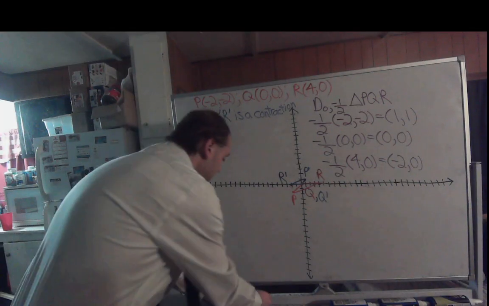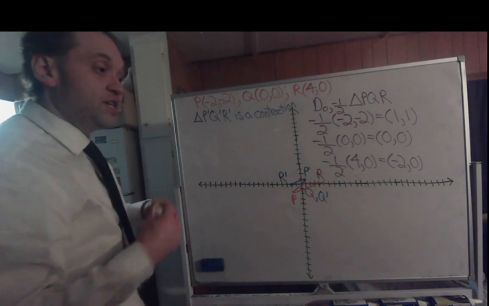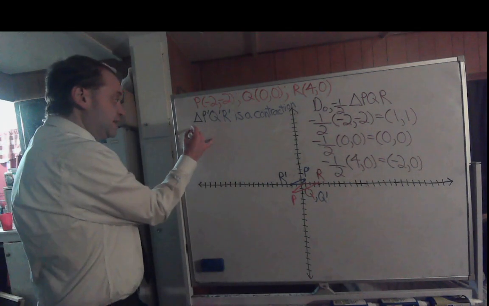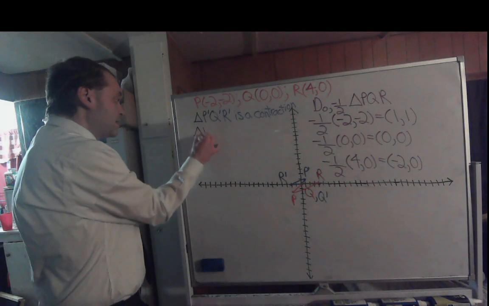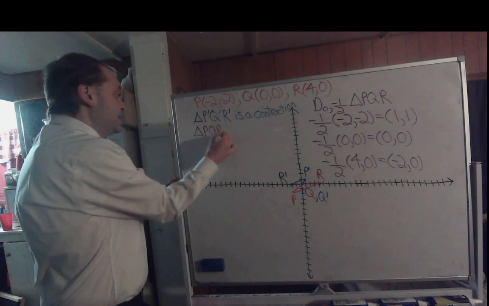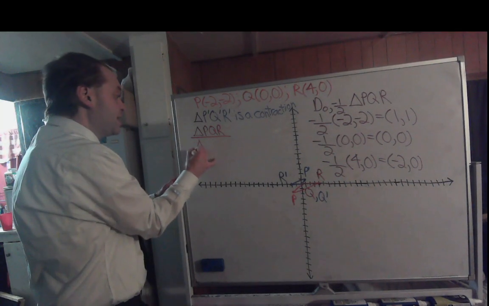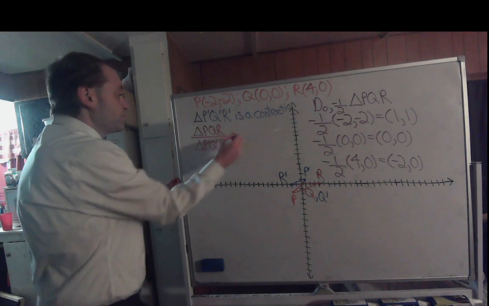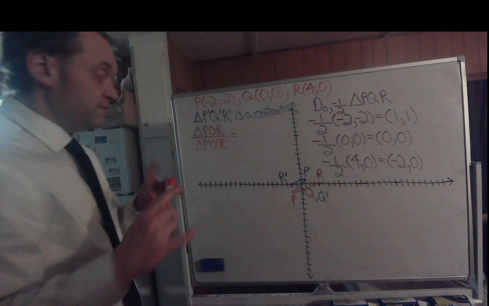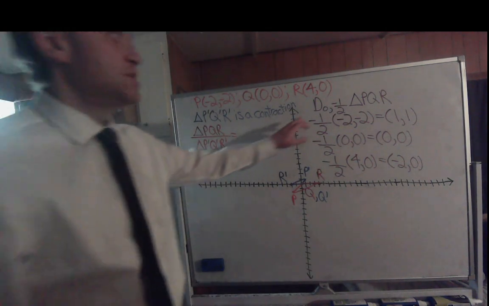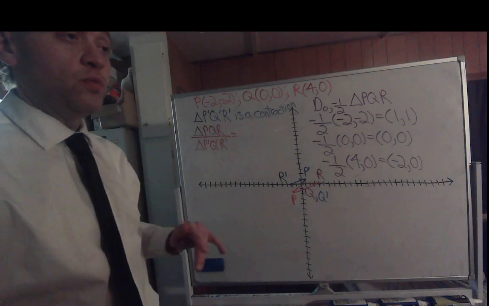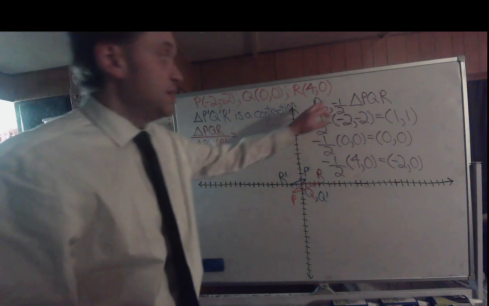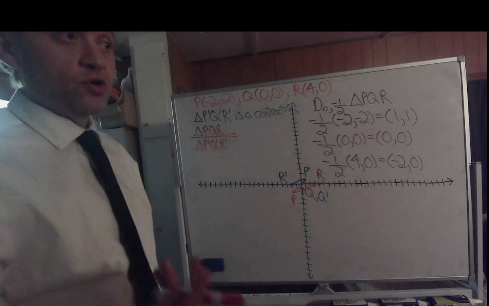Now we need to find the scale factor, the ratio of the original triangle PQR to the triangle P prime, Q prime, R prime. Well, if the scale factor that you multiplied by to do the dilation was -1/2, that means you're just going to omit the negative sign and then take the reciprocal of 1/2.